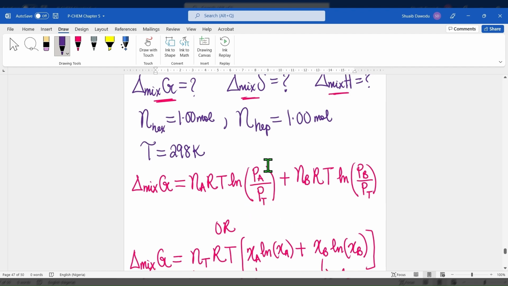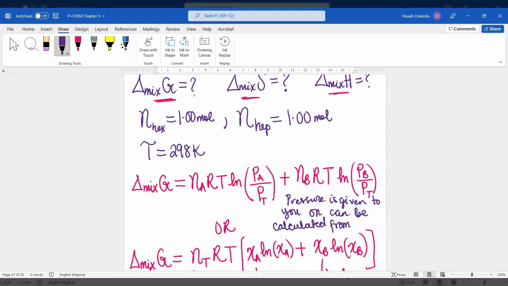You can only use this first formula whenever pressure is given to you, or can be calculated from the question.